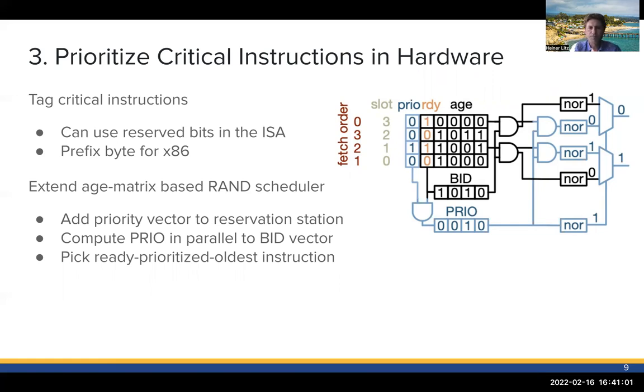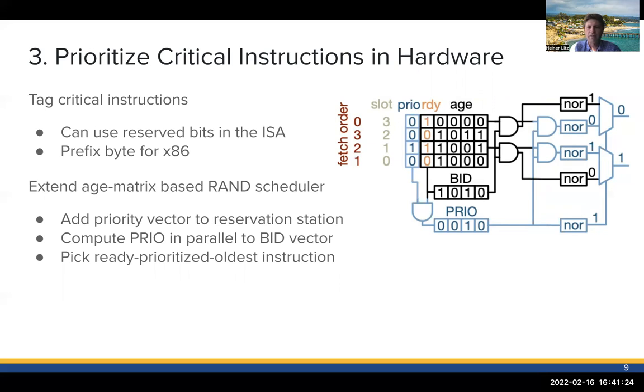As you can see in the right side figure, for each instruction in the reservation station, we maintain information about its readiness, whether its source operands are available, about its age, meaning when this instruction has been dispatched into the reservation station, as well as its priority.